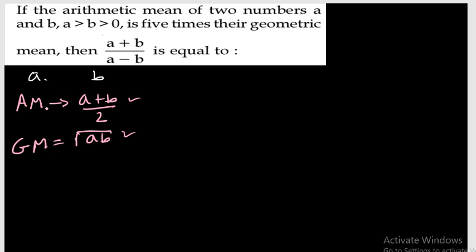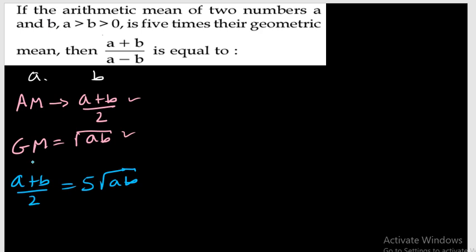But the question is, if the arithmetic mean of two numbers A and B is 5 times the geometric mean, that means this is the same as A plus B over 2 is equal to 5 times the square root of AB. This is the first and the beginning point.